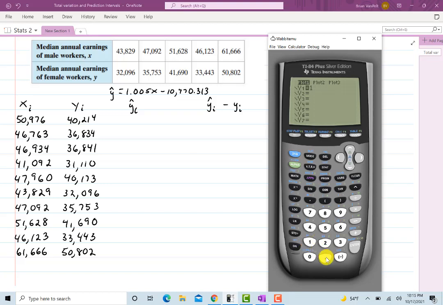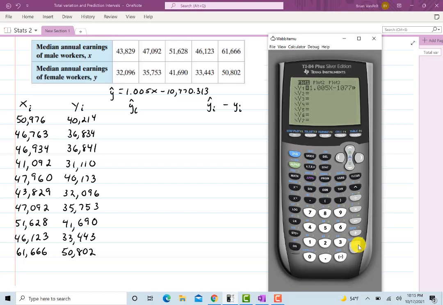So I can go 1.005 x minus 10,770.313, and I'll enter. So now that's locked away in there.